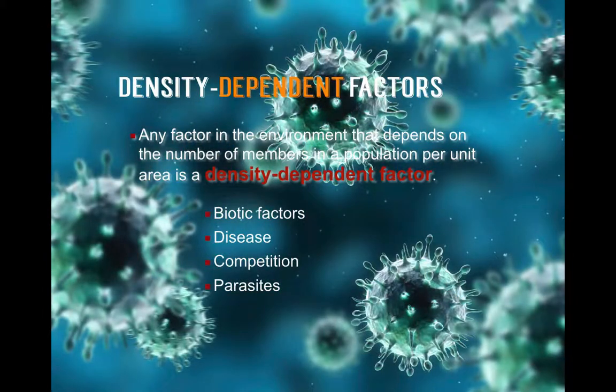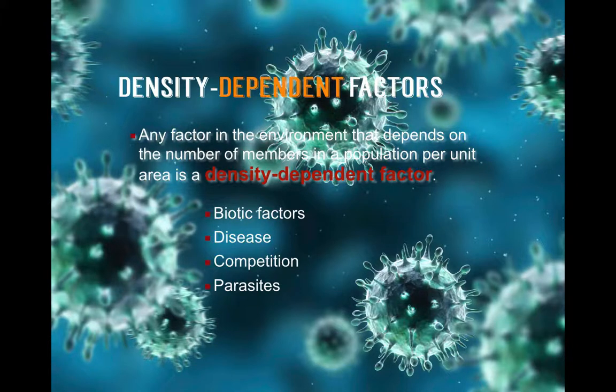Now, density dependent factors. This is any factor in the environment that depends on the number of members of a population per unit area. For example, diseases. Diseases don't typically happen or get passed on unless you have an area where there are people there to pass it on.